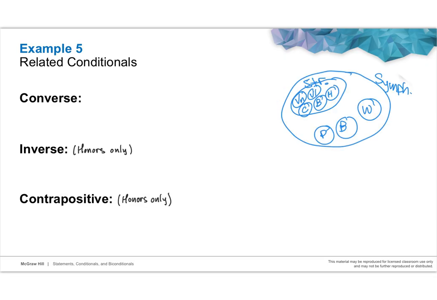For the converse of "if an orchestra is a string orchestra, then it contains string instruments," we will flip this around and say, if an orchestra contains string instruments, then it is a string orchestra.